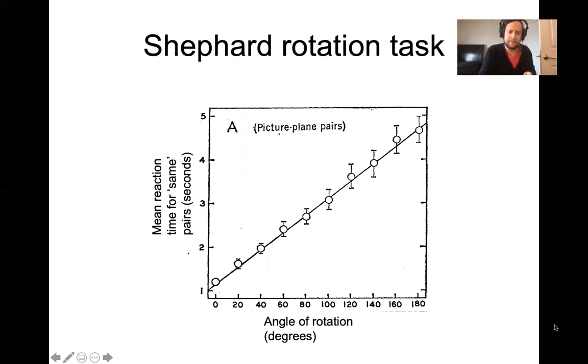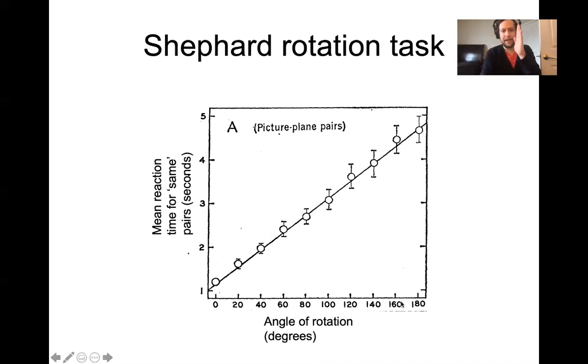Shown down here on the x-axis is the angle of rotation in degrees. What these numbers mean is that you would always see two shapes. If those two shapes had an angle of rotation of 0, that means that they were both aligned the exact same way. If the angle of rotation was 60 degrees, that means one would be straight up and the other would be turned like this.